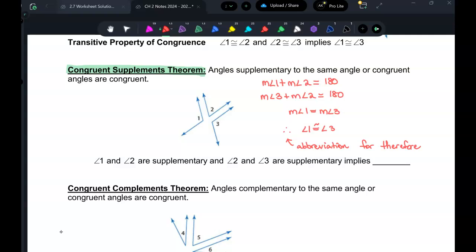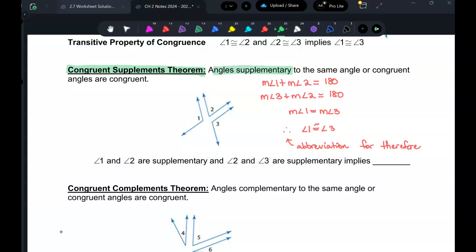Now, if I were to do this as a proof, which we're going to prove at the bottom of the page, we're going to do the congruent complements theorem. You don't have to ever use this theorem. Your proof's going to be about 4 or 5 steps longer. So if you can do the shortcut, your proof will be much shorter. What do we have here?